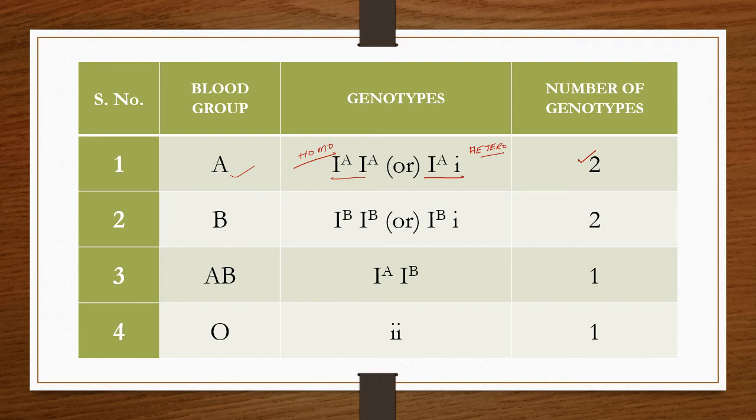Similarly, blood group B has a homozygous condition IB IB and a heterozygous condition IB small i. That's why blood group B shows two genotypes, one homozygous and another heterozygous. So two different forms but controlling only one character, that is blood group B.